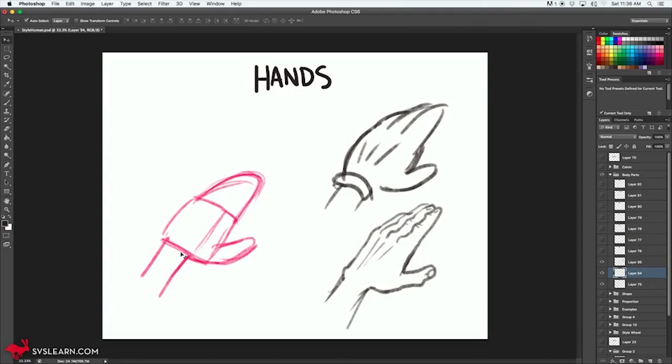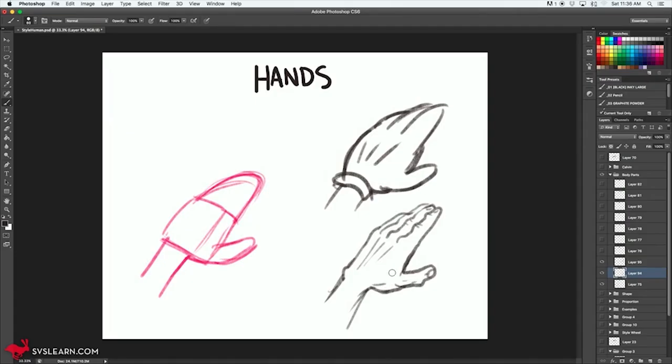So with these basic shapes, you can get a range. You can get the really cartoony Mickey Mouse stylized hands based on these abstract shapes, or you can get very specific and figurative by adding every little detail into it. So that's how you would simplify hands.